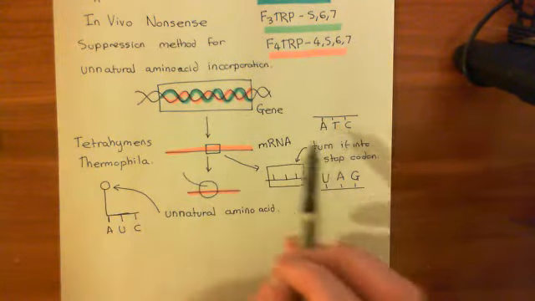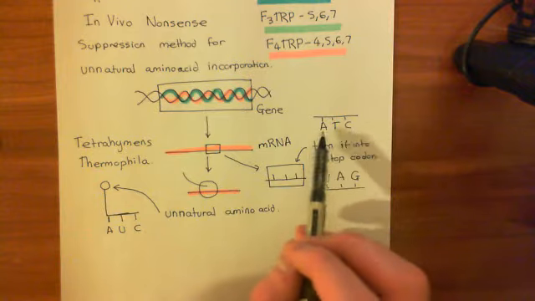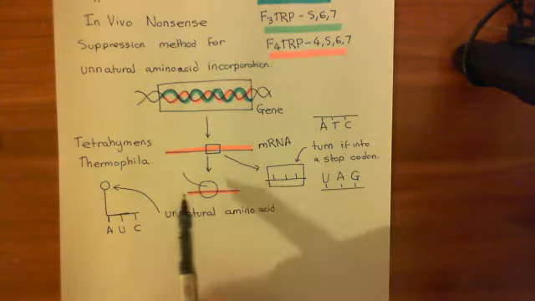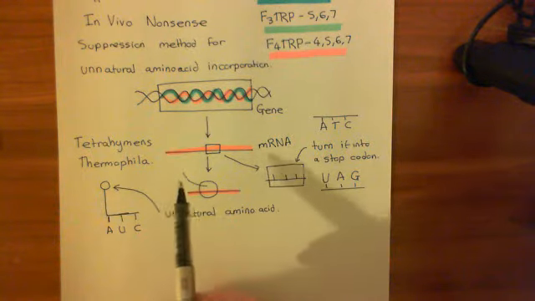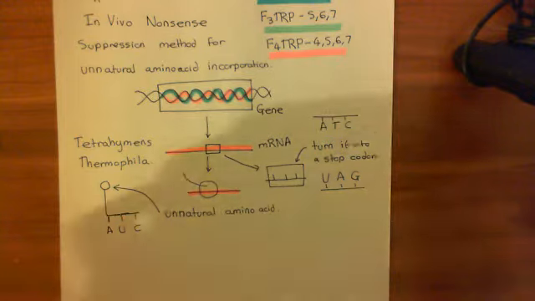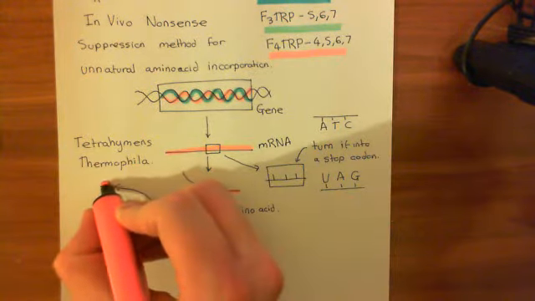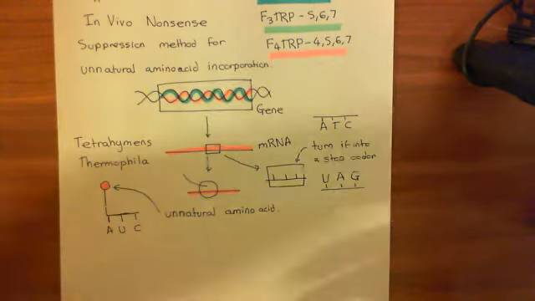All we did was alter this one triplet of organic bases to turn it into a stop codon on the mRNA level. Okay, so basically it can make the protein with our unnatural amino acid in, which in this case is our modified tryptophan with its fluorines attached on.